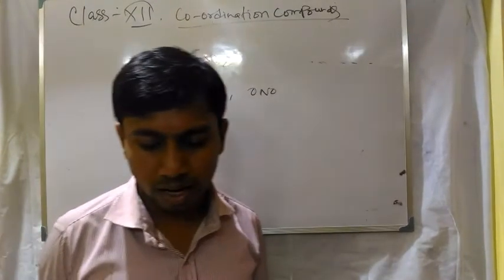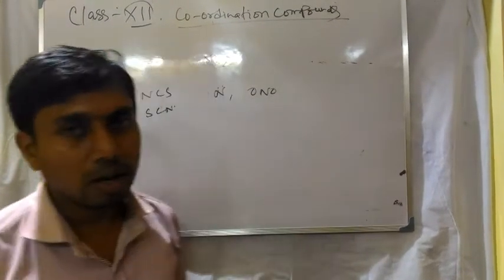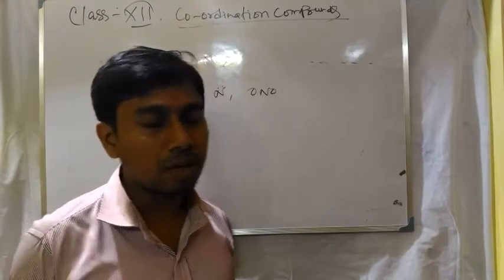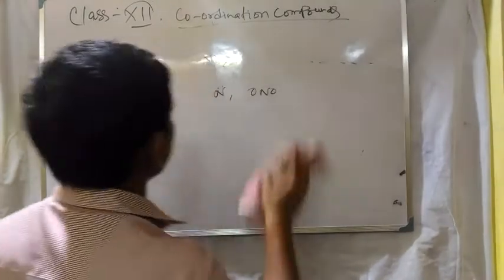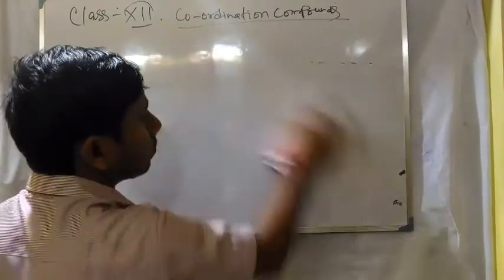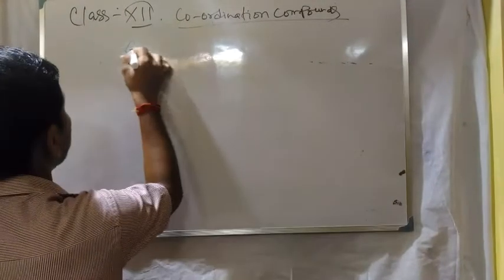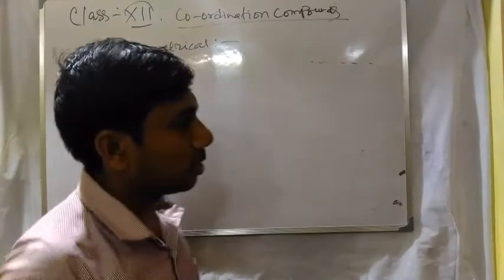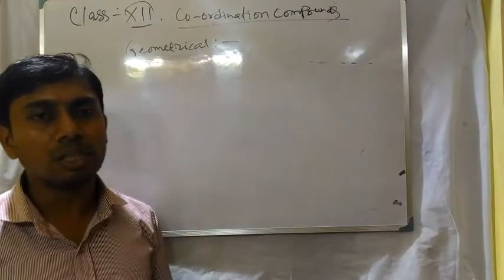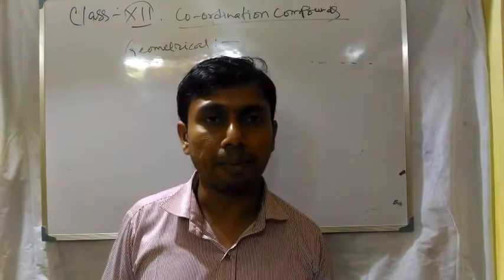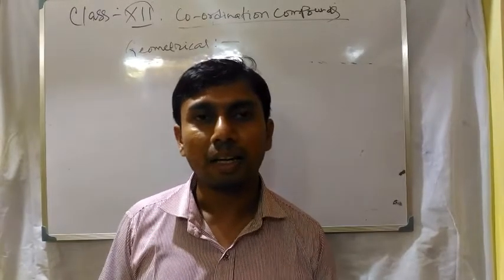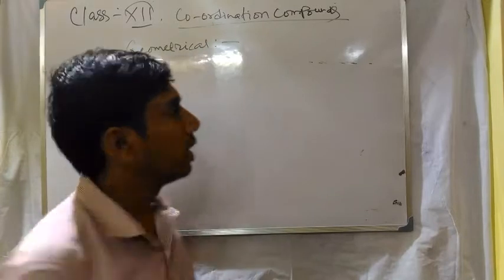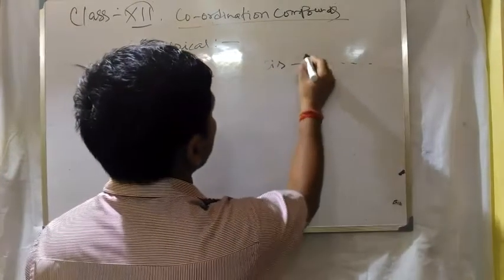Geometrical isomerism also depends on the ligand. Here, as the position of the ligand is different, the name is cis-trans isomer.